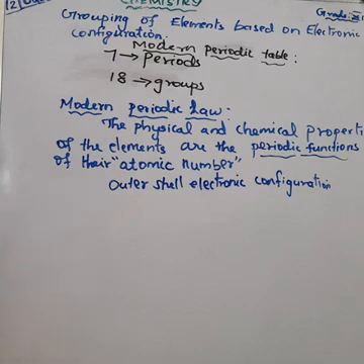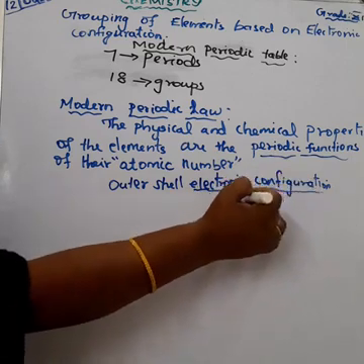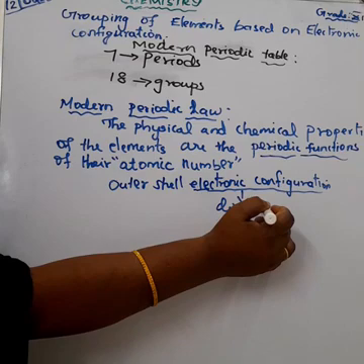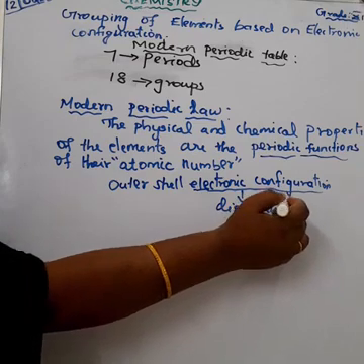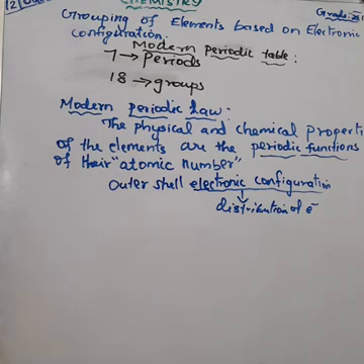The various orbitals are s orbital, p orbital, d orbital, and f orbital. The periodic table is closely related to the outer electronic configuration.